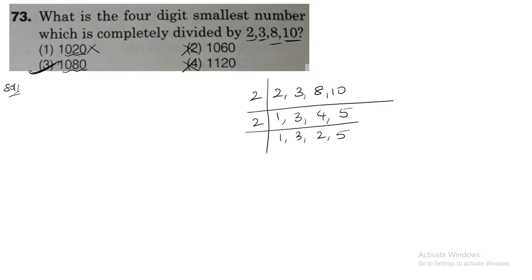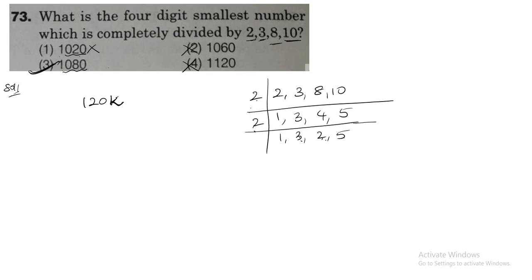There is nothing further. So 5 2s are 10, 10 3s are 30, 30 2s are 60, 60 2s are 120. That means whatever number I have will be a multiple of 120.